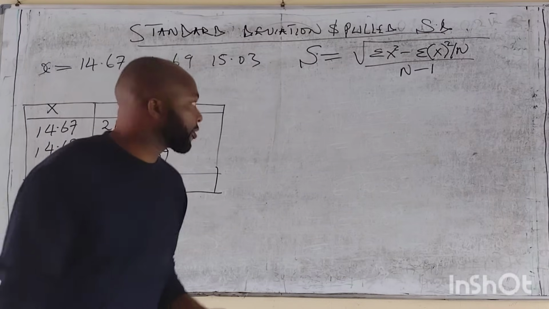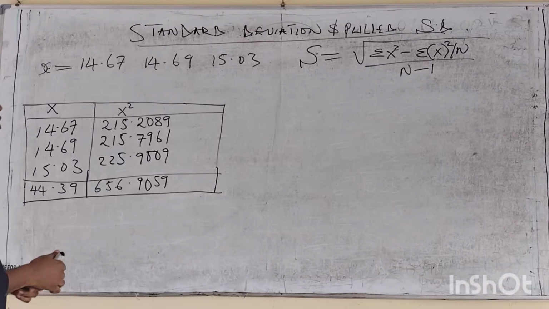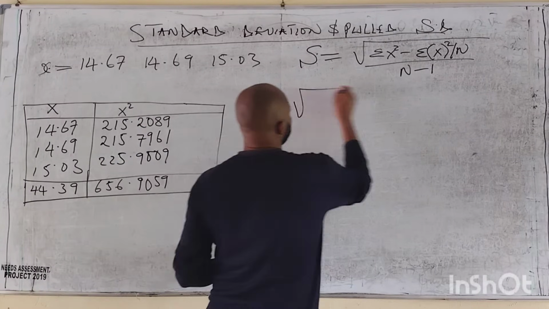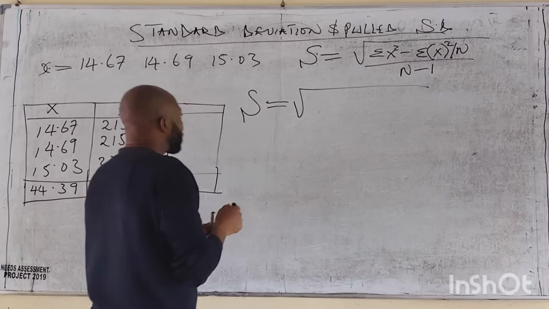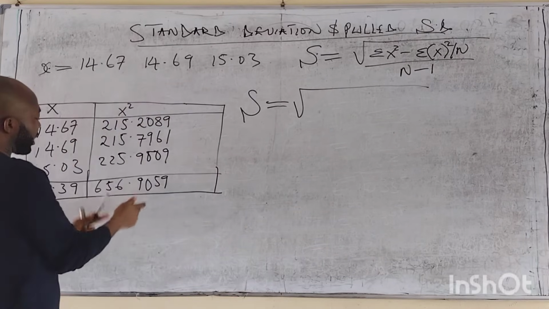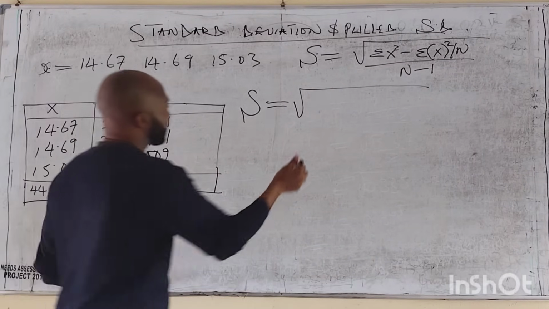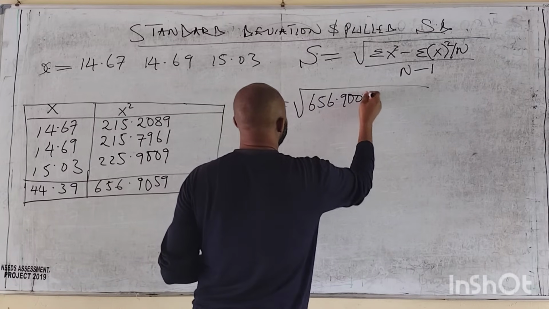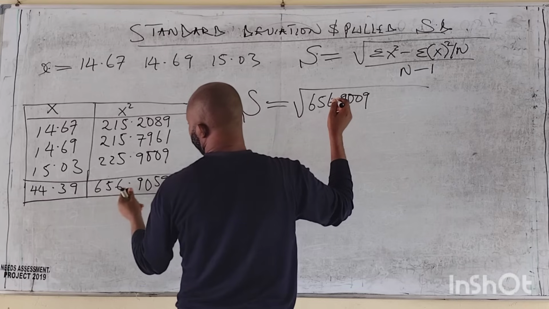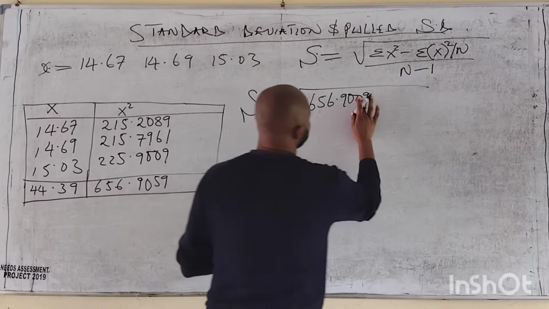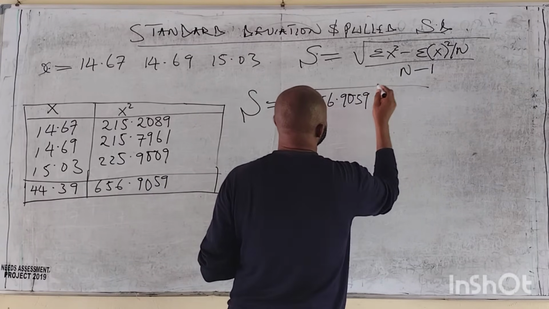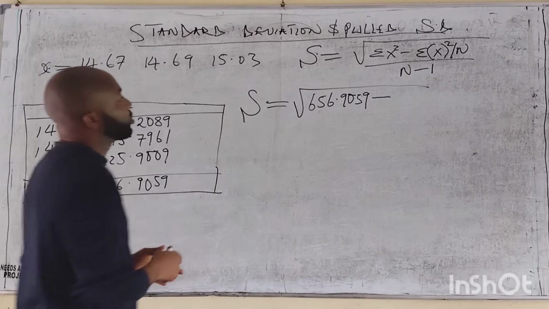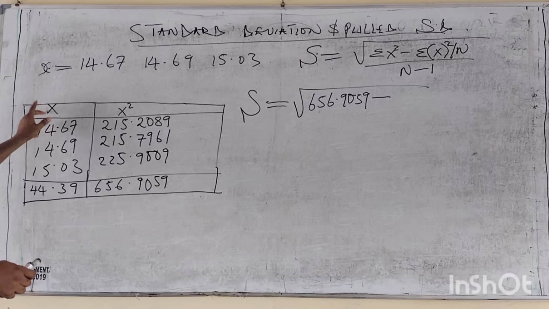Okay, so if we have to apply it in our formula, now the standard deviation says, let's proceed. Our summation of x squared is 656.9059, minus. Now the summation of x, this is x.